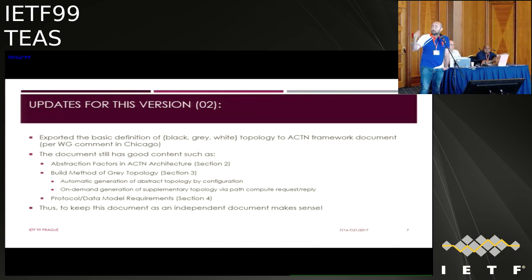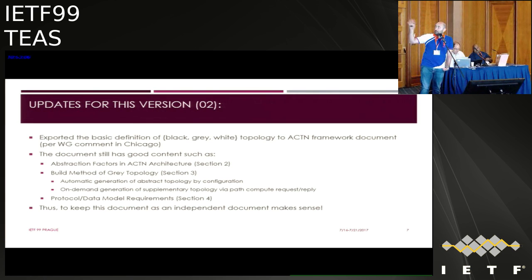We identified the black, gray, white approaches, namely the ones with no or very little information regarding the topology, to the other extreme, which is white, which is the full detail on the topology, and then all the different shades of gray in between.